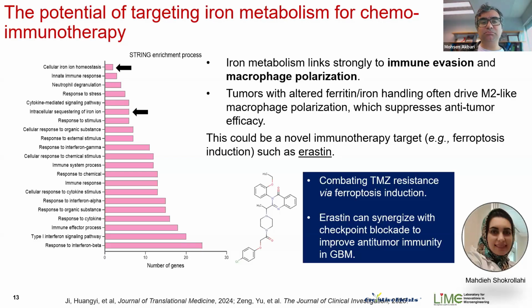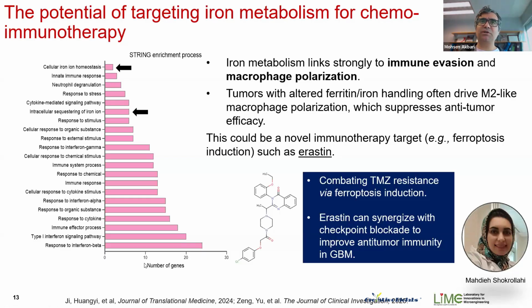Therefore, there is a possibility to use a combination of chemoimmunotherapy, potentially using ferroptosis inducers such as Avastin, for example, to work in combination with immunotherapy to potentially address the issue of resistance to immunotherapy and even chemotherapy. Because Avastin's mechanism of action is different than temozolomide, it can also be effective in combating temozolomide resistance in cancer cells.